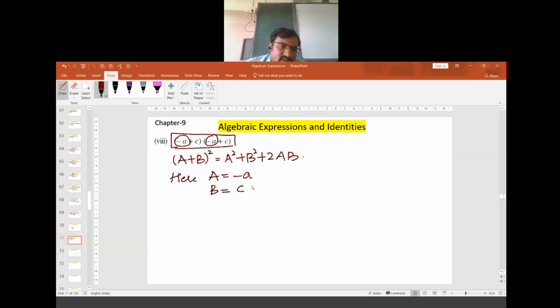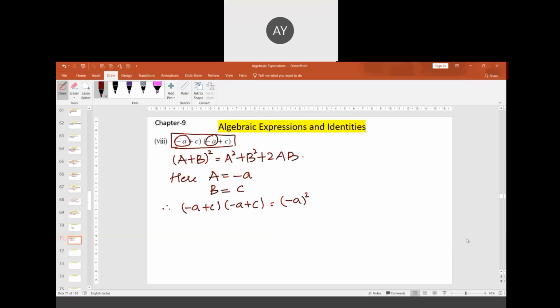Therefore, (minus a plus c) whole square will be equal to minus a whole square plus c square plus 2 into minus a into c. So a square plus c square minus 2ac. Correct?